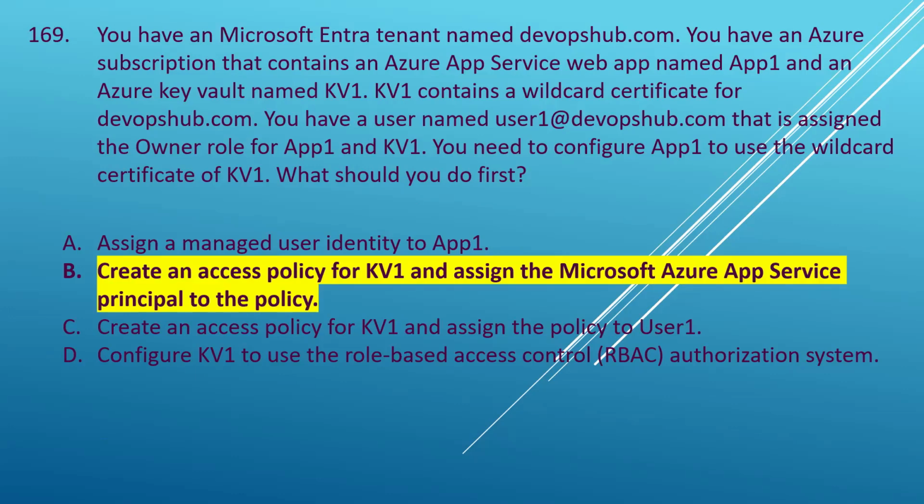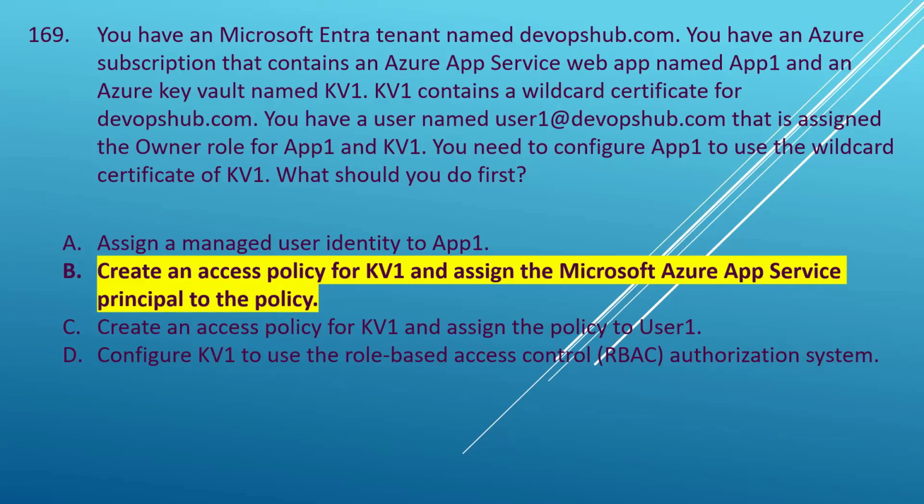In this case, you want to grant access to App1. You then assign the policy to the Microsoft Azure App Service principal. After creating the access policy, you should assign it to the Azure App Service principal, not user1. This allows App1 to use the certificate stored in KV1.